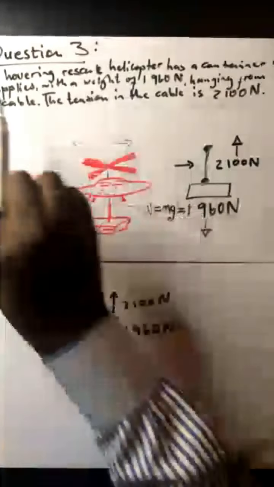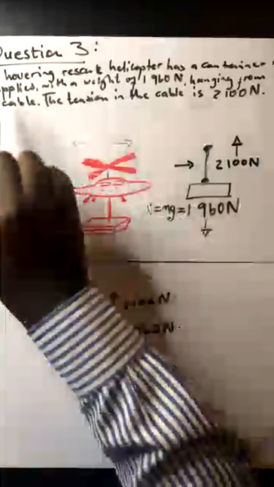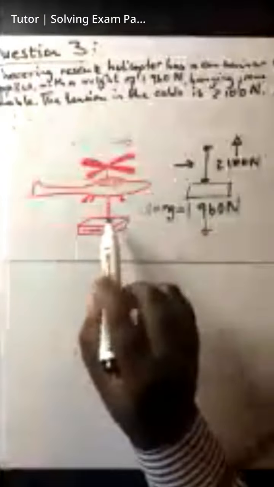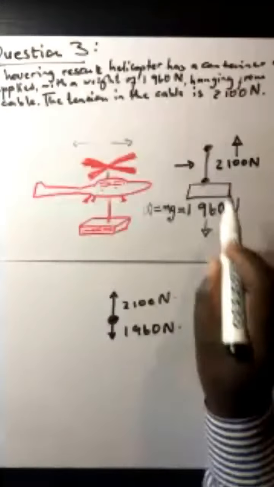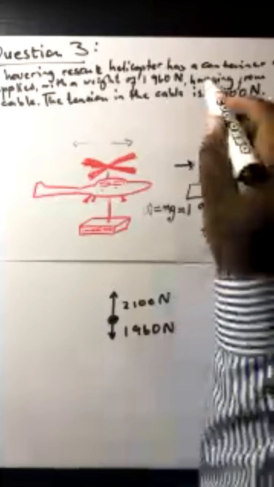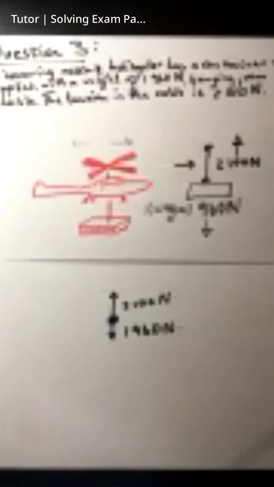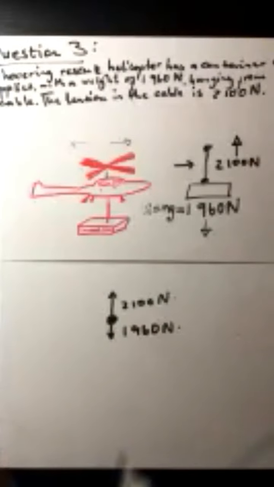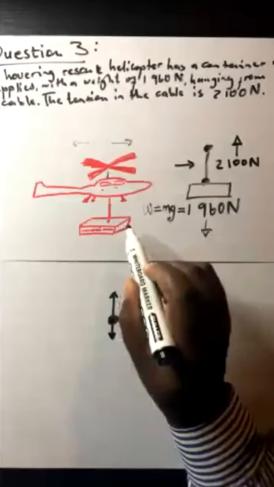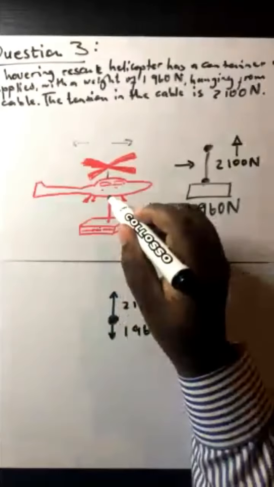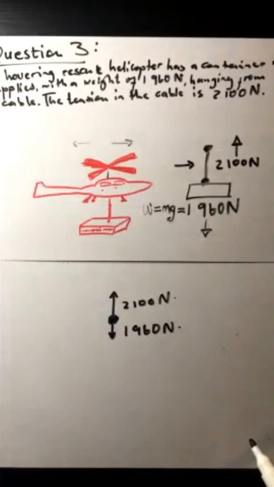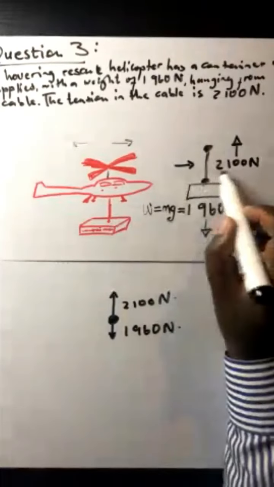The question says a hovering rescue helicopter has a container of supplies with a weight of that magnitude hanging from a cable. So that means the container is hanging. Why is it hanging? Because it's held by that cable with a tension of that magnitude.